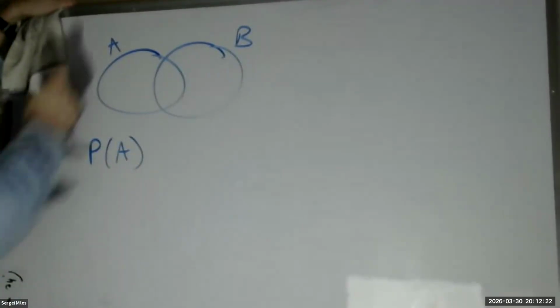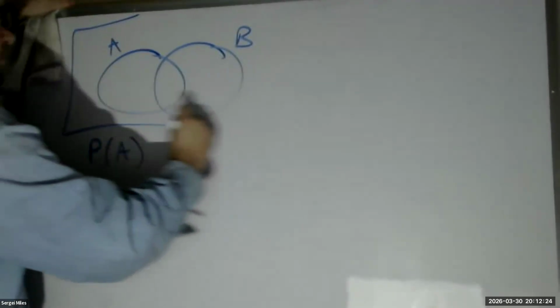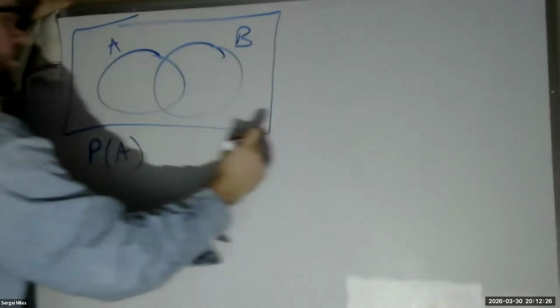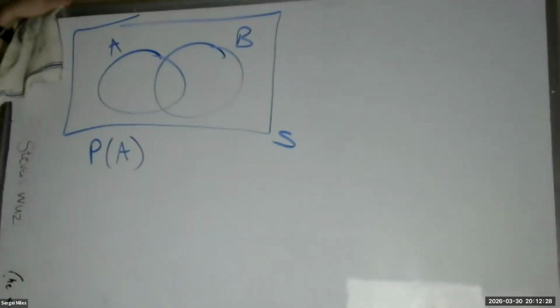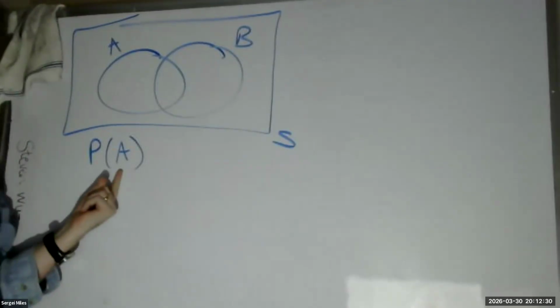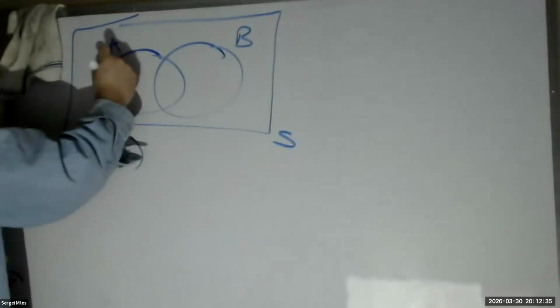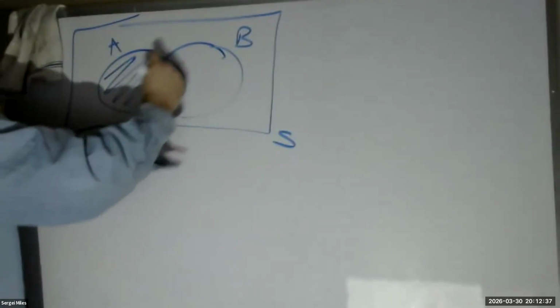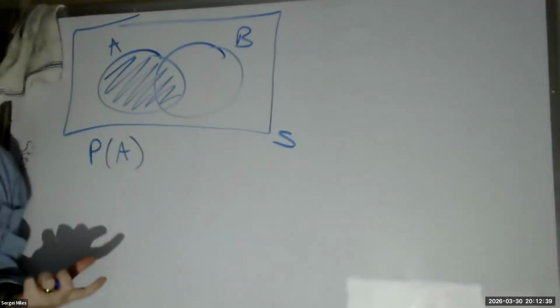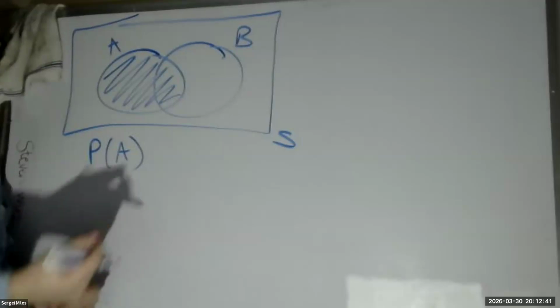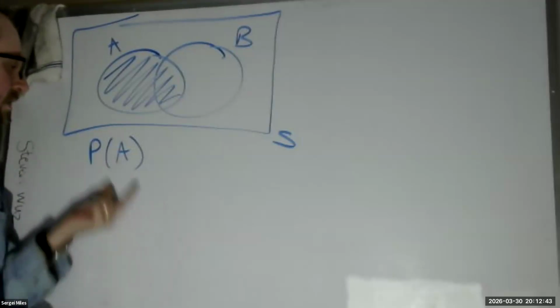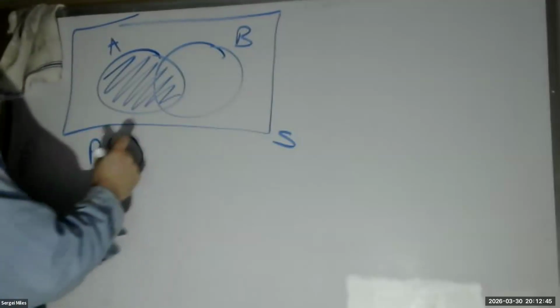If both events are inside of my sample space, then we take all of the sample points in A, find the probabilities of each of those points, and then add them all together. That's what A is, right? This is in blue here.